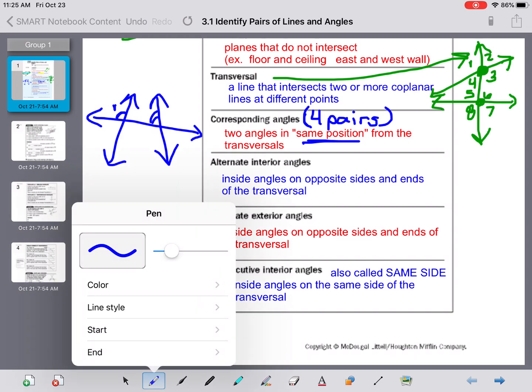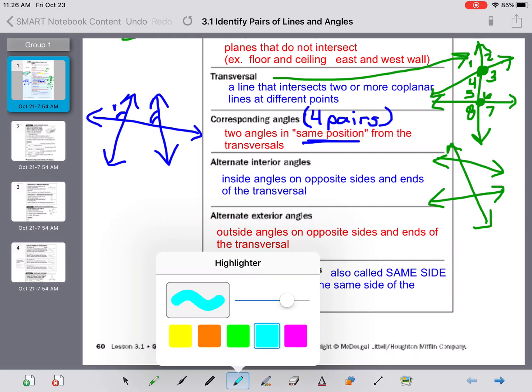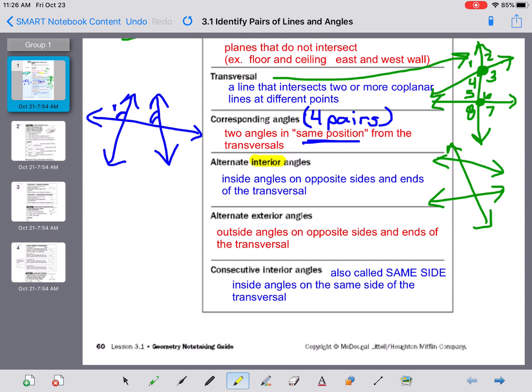All right, next one is the alternate interior angles. So again, I've got some lines in my plane, and a transversal cutting through them. Some key words here that we want to make sure we understand. Interior means inside. In between the 2 lines is the inside.